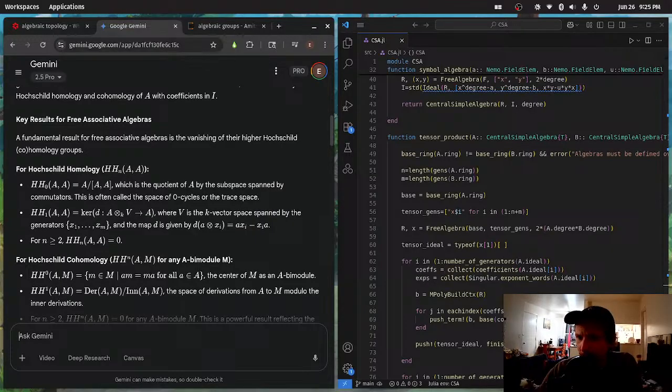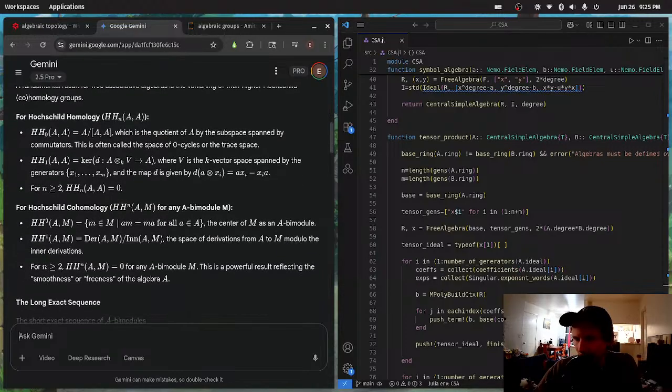Okay, so for free associative algebras, higher Hochschild homology or cohomology vanishes. HH0 is the abelianization, is that what you'd call this for an algebra? The quotient of A by the subspace spanned by commutators. This is often called the space of zero cycles, or the trace space.